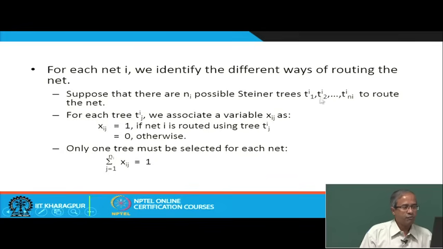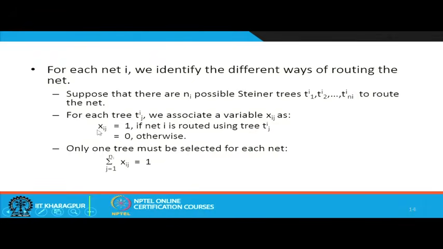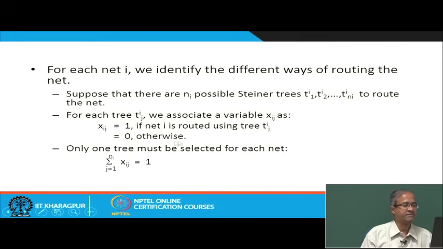Now, out of these n_i Steiner trees, you will have to select one of them to route the net. For a particular net, you have to use only one way of connecting them, not more than one way. You specify this with a variable xij, where xij will be 1 if net i is routed using tree Tji and 0 for all other j values.